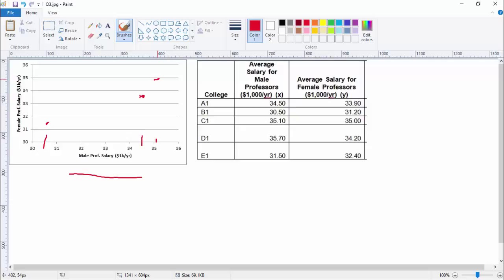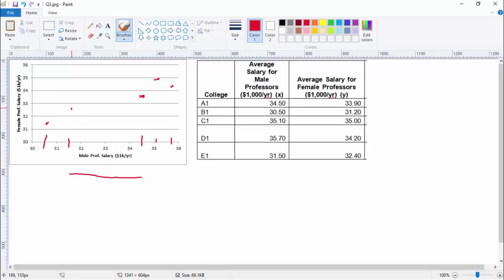Moving on to D1, 35.7. That's really kind of close. 35.7 maybe is over here. And then 34.2 for women. So that's maybe over here. And then the last one is 31.5, so that's probably in here somewhere. And then 32.4, that's about up here.